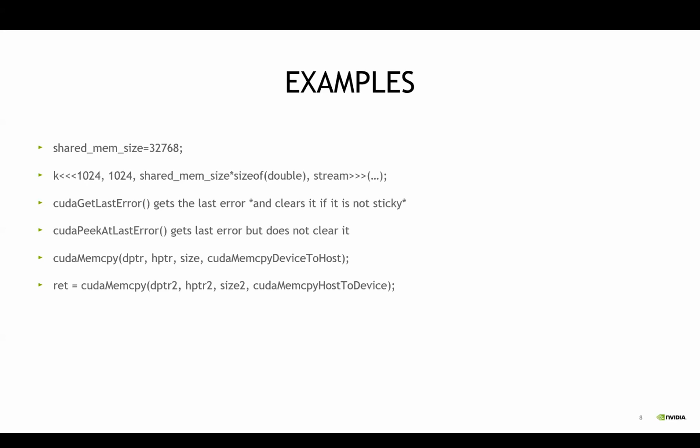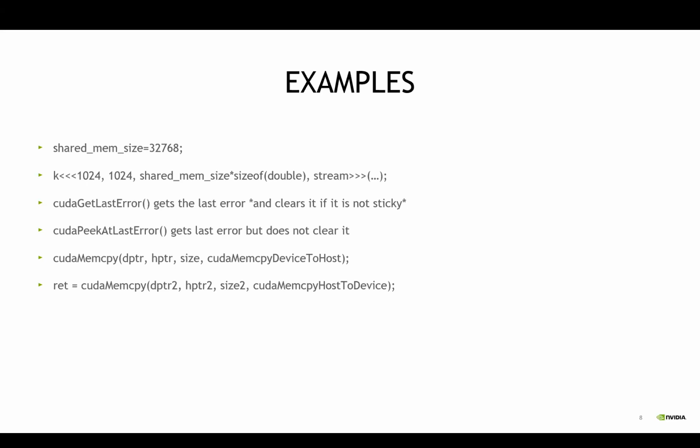Let's talk about that, because that's a good question, and it helps to reinforce the idea of synchronous versus asynchronous errors. We talked about the idea that a kernel launch could have associated with it either a synchronous error or an asynchronous error, and those two have somewhat different behavior. Let's suppose that instead of the second to last line of code being a CUDA memcpy, it was the kernel launch you see at the top of this slide.